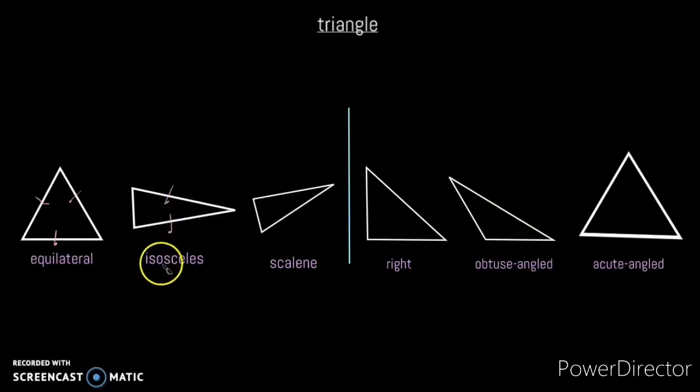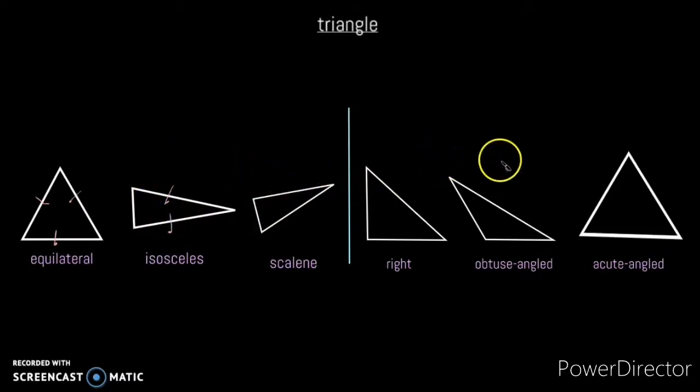It's called an isosceles triangle. The next type is called a scalene triangle, in which all of its sides are unequal. So we can say that it's the opposite of an equilateral triangle because none of its sides are equal. So that's all about the sides.